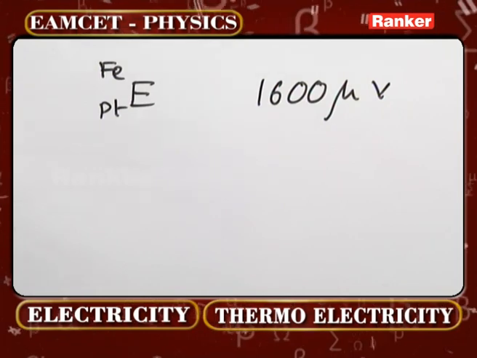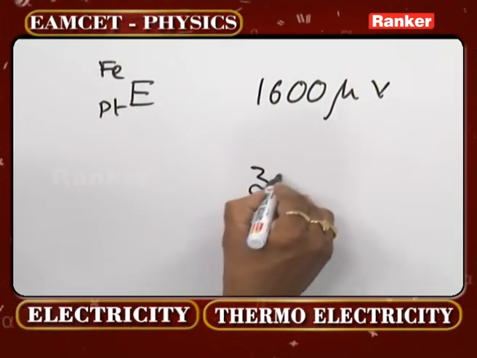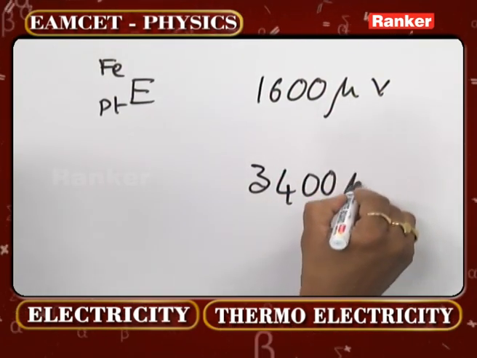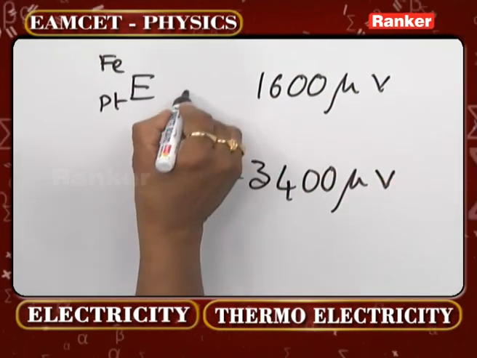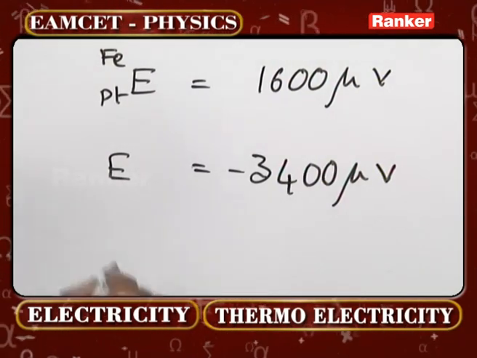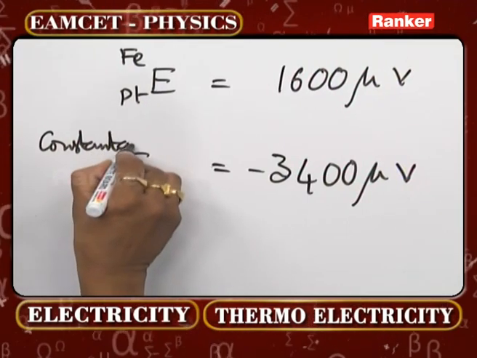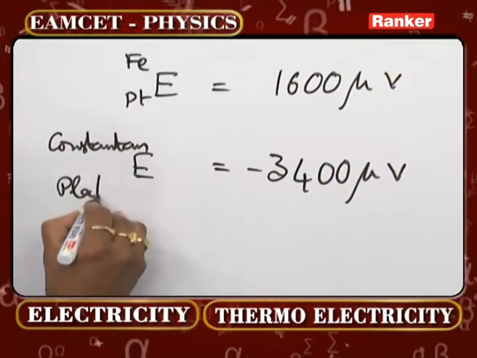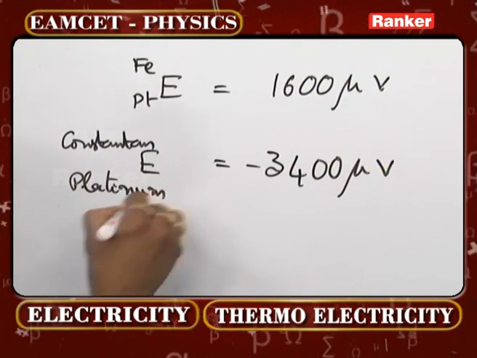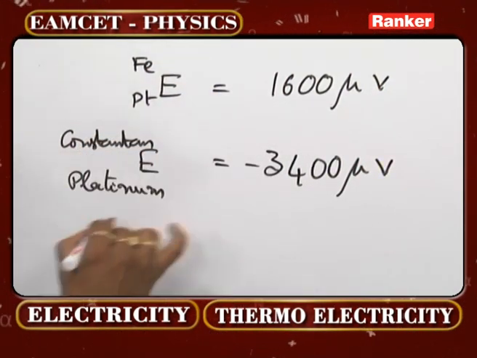That is constant and platinum thermocouple gives 3400 microvolt with a negative sign. That of course you can write this way. EMF, what is the order you see carefully? Constant here and of course platinum here. This is the concept. Now this is iron platinum, constant platinum.